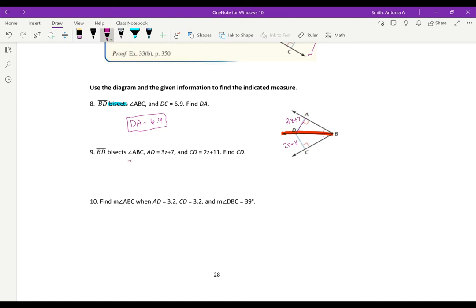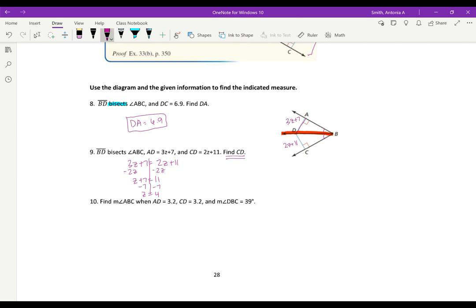So that means that 3Z plus 7 equals 2Z plus 11. And I can solve for Z. So I want to get all of my Z's on the same side. So I'm going to subtract 2Z. I'm left with Z plus 7 equals 11. Minus 7, Z equals 4.